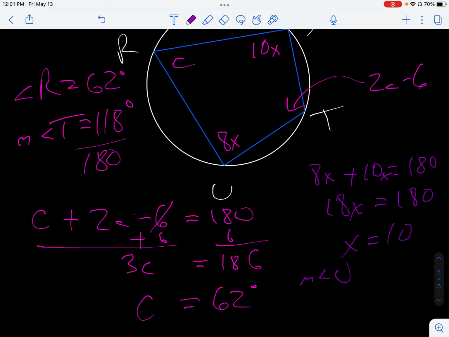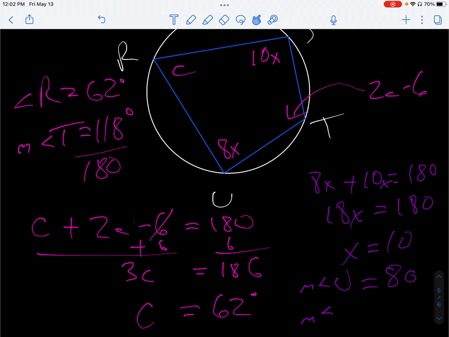So the measure of angle U equals 80. Oh, 80. That was right the first time. And the measure of angle S equals 100.